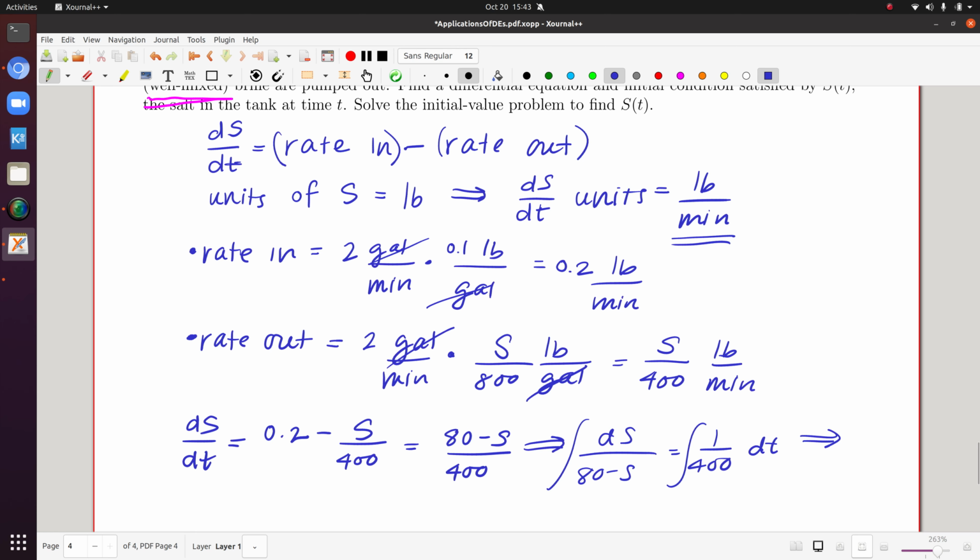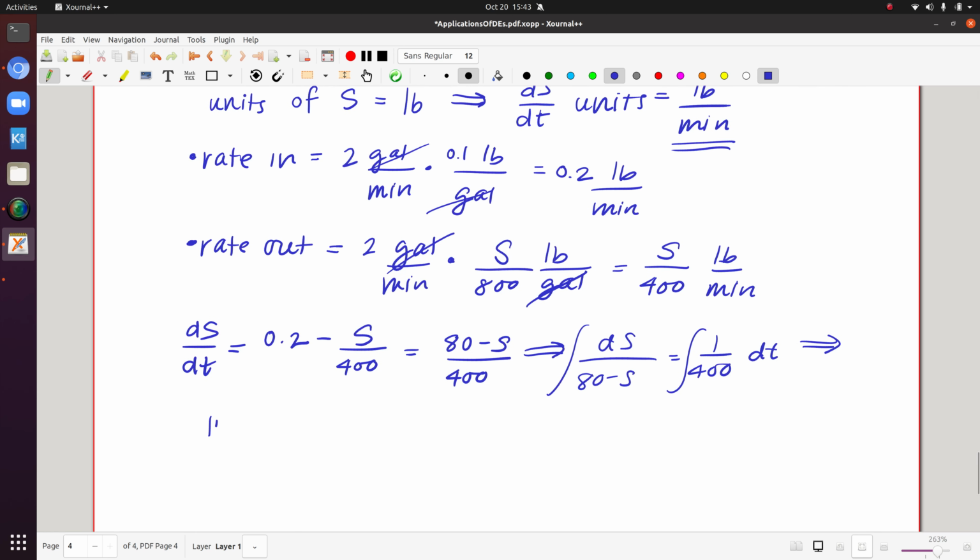Now, when I anti-differentiate both sides, I do get a natural log of the absolute value of 80 minus S. However, we have to be careful and notice again, this minus sign means that we're going to have a negative over here. The antiderivative of 1 over 400 will be t over 400 plus c. So I can get rid of that minus sign on the left-hand side by bringing it over to the right-hand side.